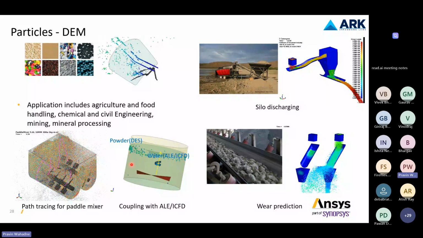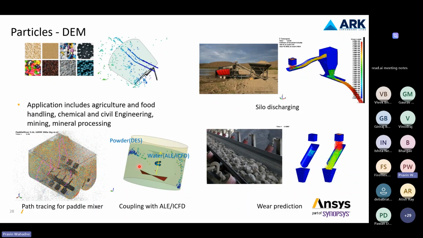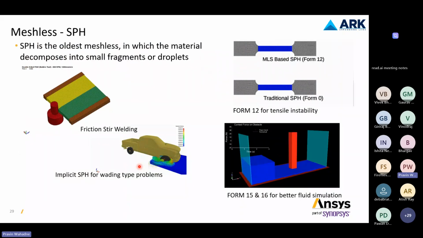LS-DYNA is an all-in-one solution for all these kinds of problems. We also have a tool called Rocky DEM, which is more robust in solving DEM, including multiphysics applications. But LS-DYNA also has the same capabilities for DEM, that is the discrete element method.